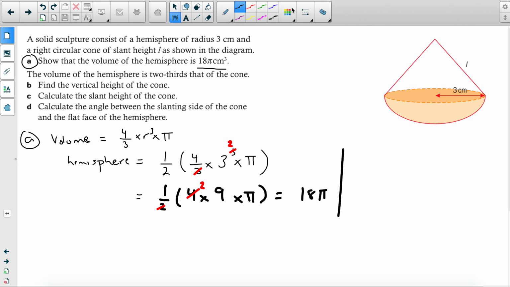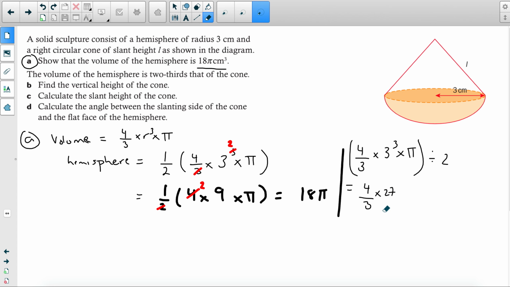I'm going to do it in a different way just to show you the different methods you could use. If you did 4/3 times 3 cubed times pi, and then the whole thing divided by 2, you can try 3 cubed if you didn't notice this cancellation, and you'll get times 27. I would recommend going through this step. It is good to always notice that you can cancel these out.